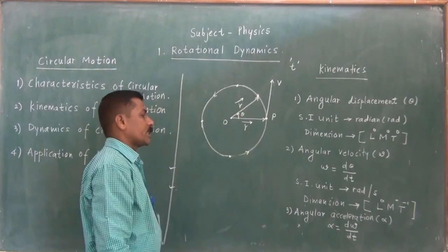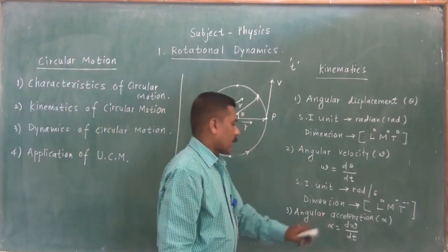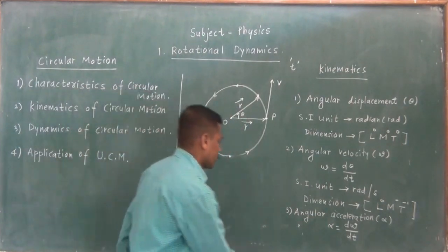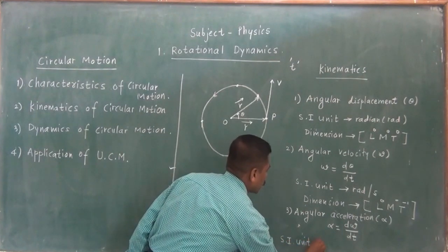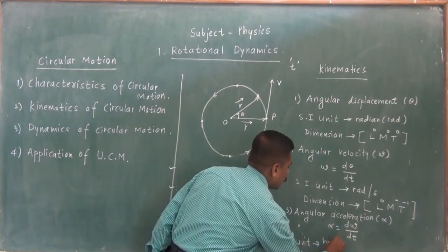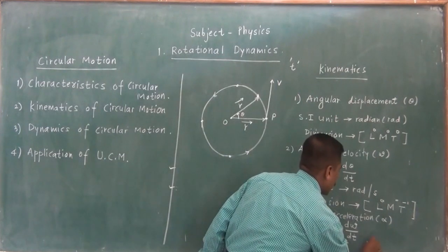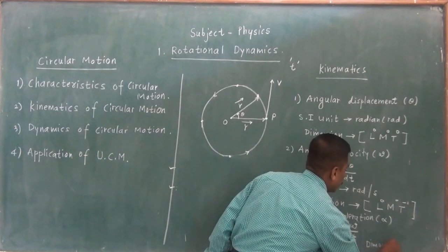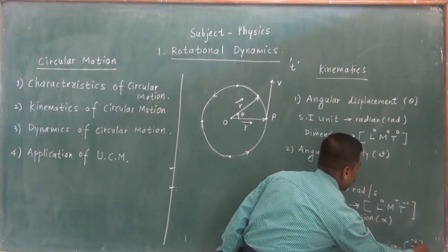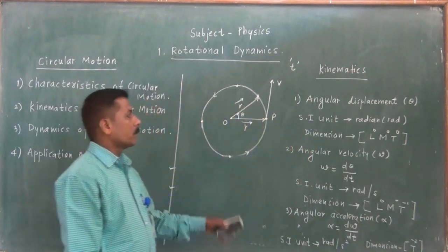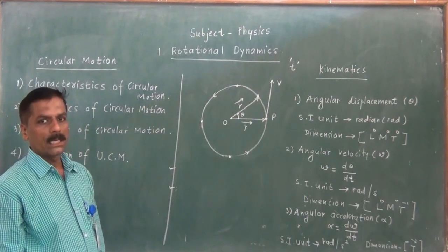The rate of change of angular velocity with respect to time is called the angular acceleration. Similarly, the SI unit is radian per second squared, and the dimension will be T raised to minus 2. So this is the very simple terminology used in circular motion.